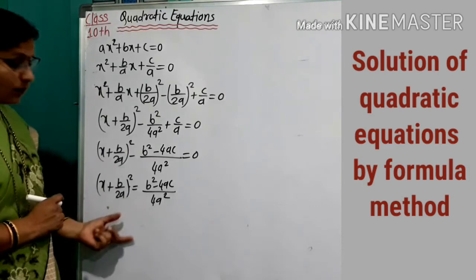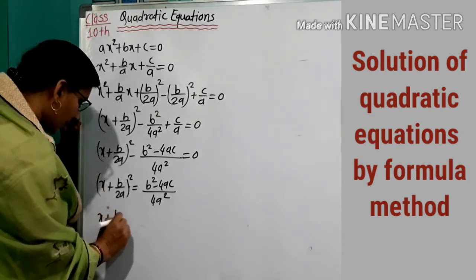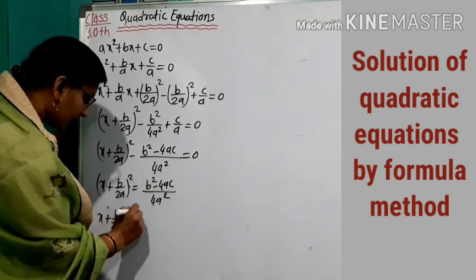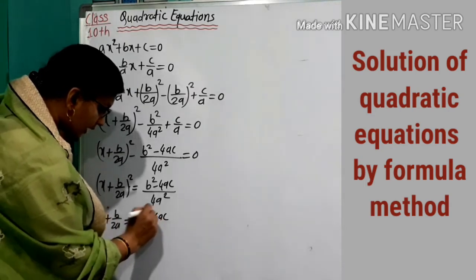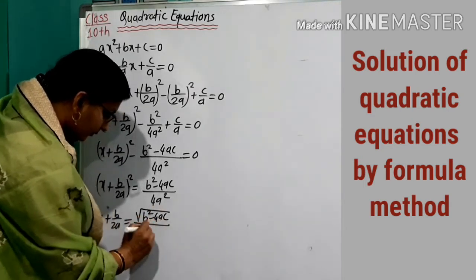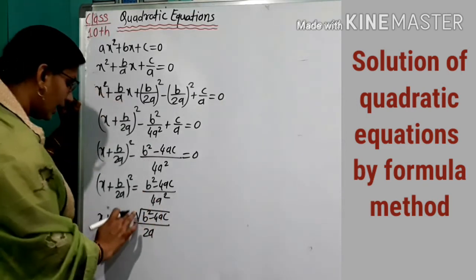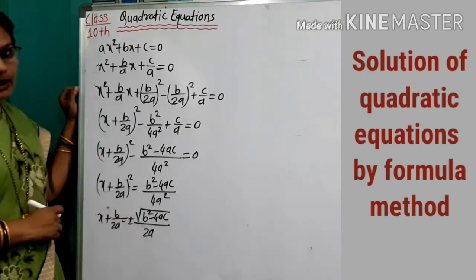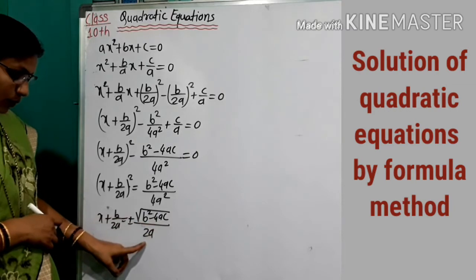Taking the square root of both sides, we have x plus b upon 2a equal to the square root of b square minus 4ac upon the square root of 4a square, which is 2a. And we have two values of this, that is plus or minus root b square minus 4ac upon 2a.